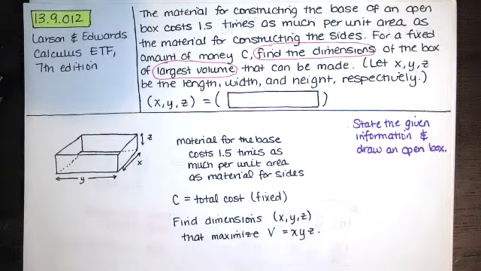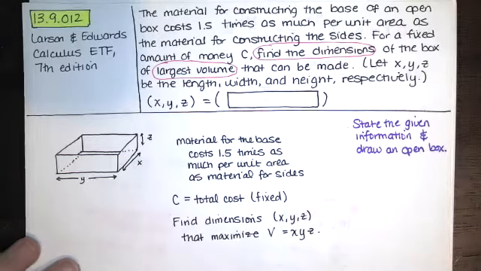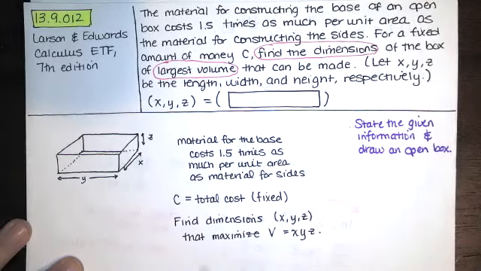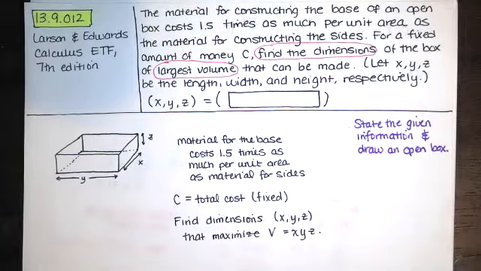Once I know how X, Y, and Z must be related to each other, given that constraint, I can write this function in terms of 2 variables only, and then I can optimize it using the methods that we've discussed, which include the second partials test and everything associated with that. Okay, so I've got my game plan.